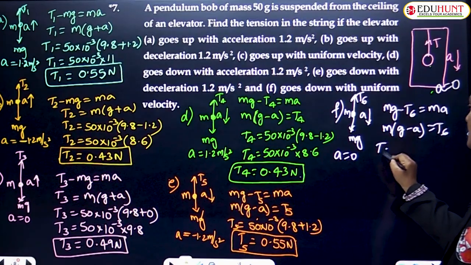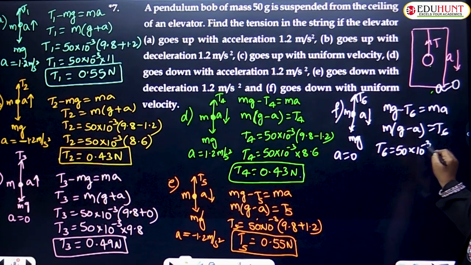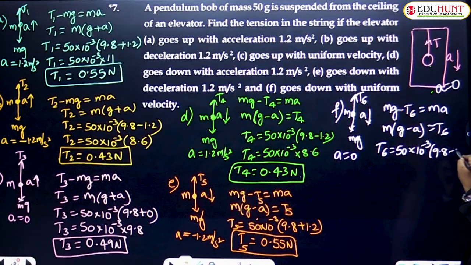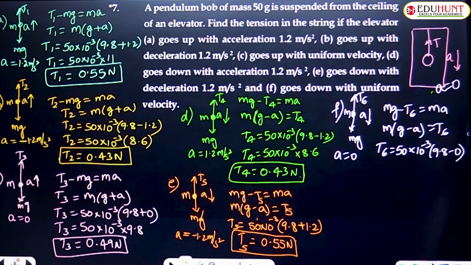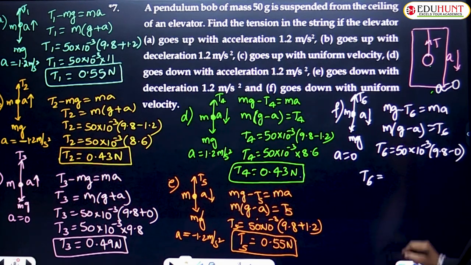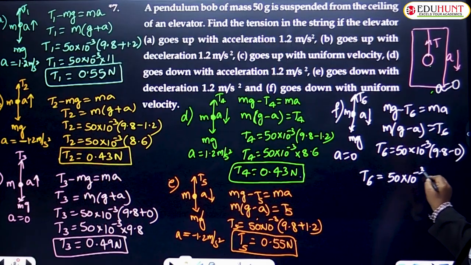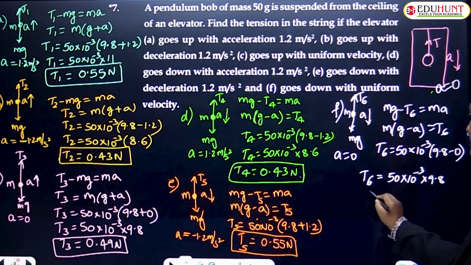Or T6 is equal to the value of m, 50 into 10 power minus 3, into 9.8 minus 0, because it is moving with uniform velocity, so a is 0. Hence the value of the tension in the string is found to be 50 into 10 power minus 3 into 9.8.